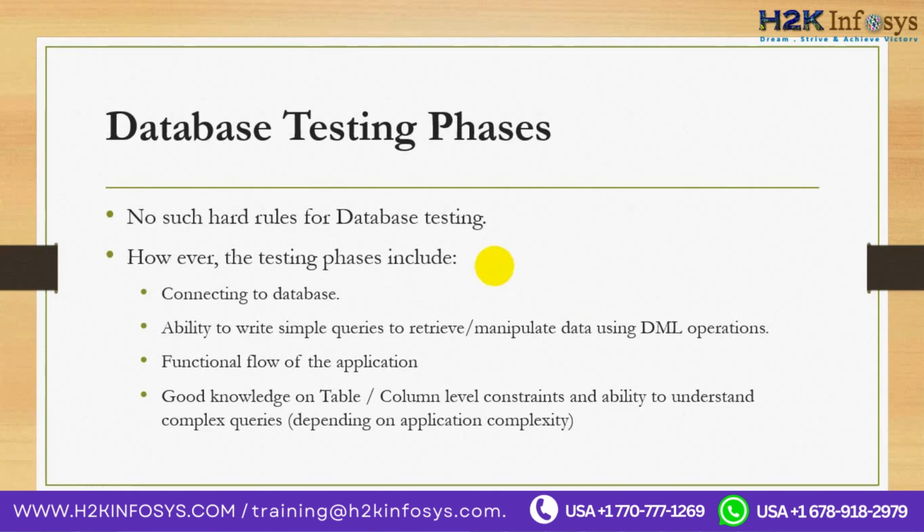Then DDL commands are create, drop, truncate. Perfect. Next. We have one more in DDL. You said three, right? Create, drop, and truncate. We have one more: alter. Perfect. Go ahead now, Sangeeta.